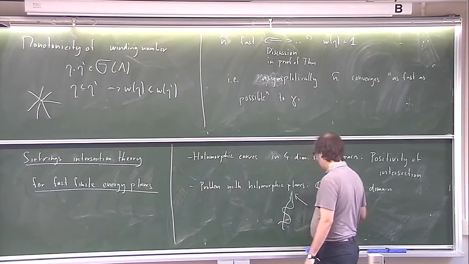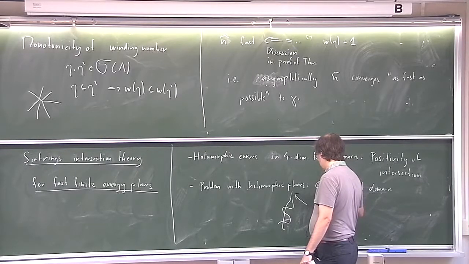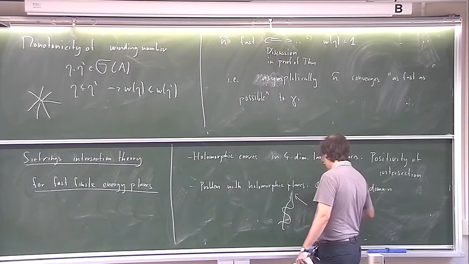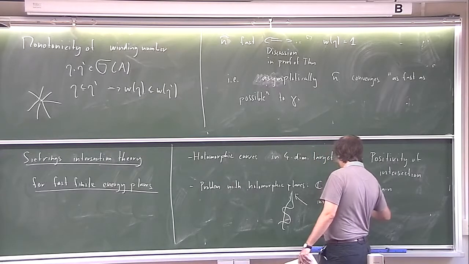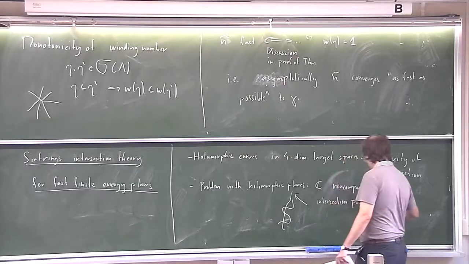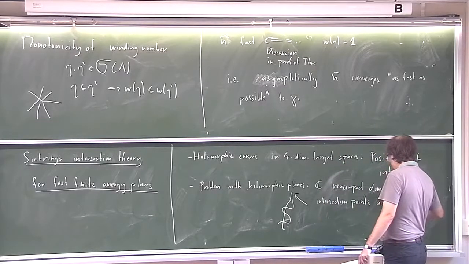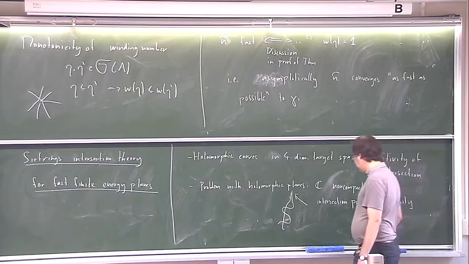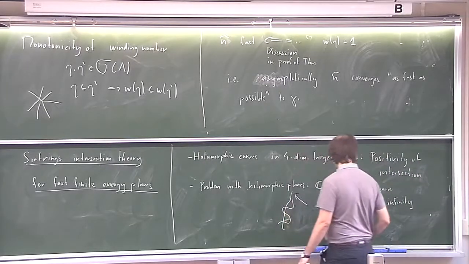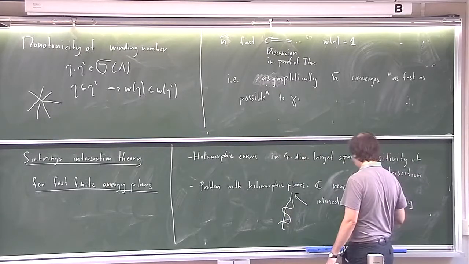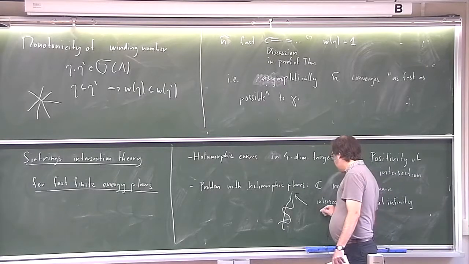There are also intersection points at infinity, and this is a problem with homotopy invariance.